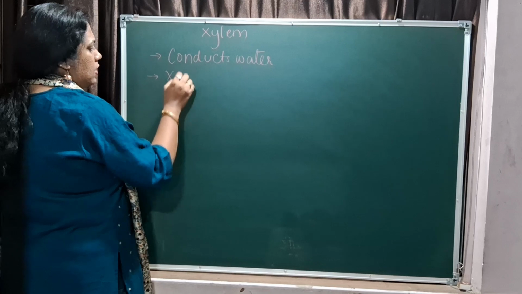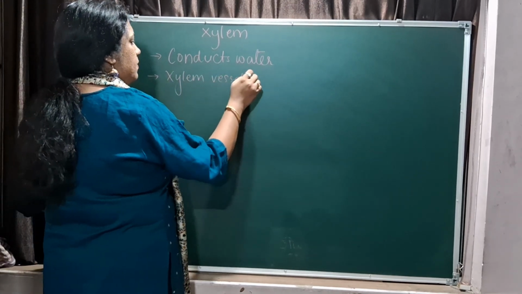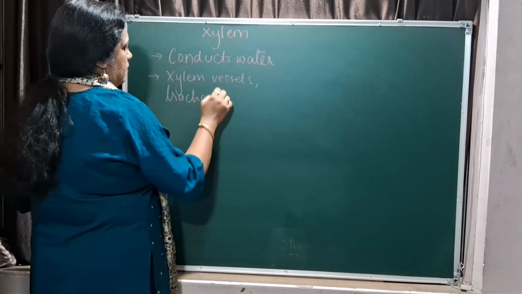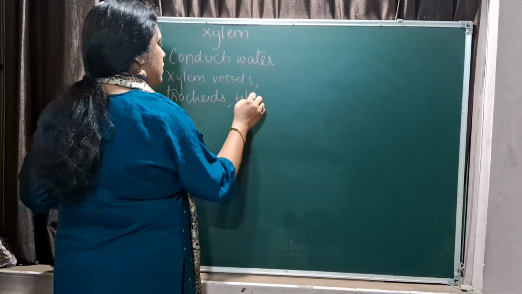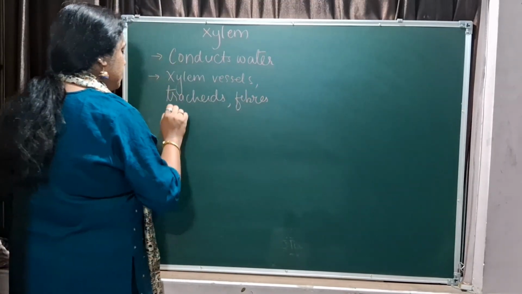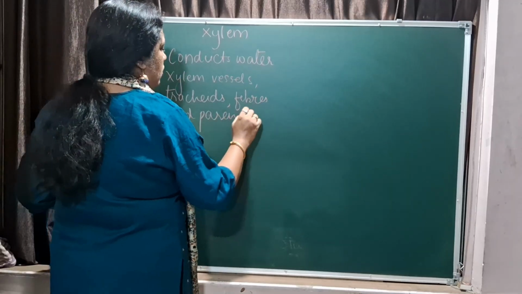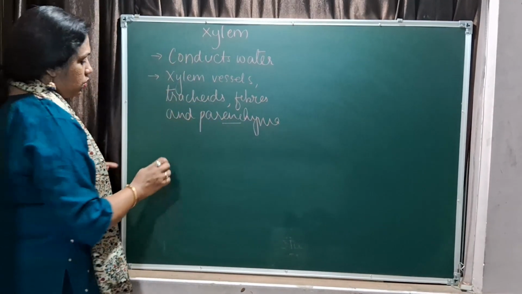You have got xylem vessels, tracheids, then you have fibers, xylem fibers, and xylem parenchyma. Okay. Now xylem parenchyma is the only living tissue.